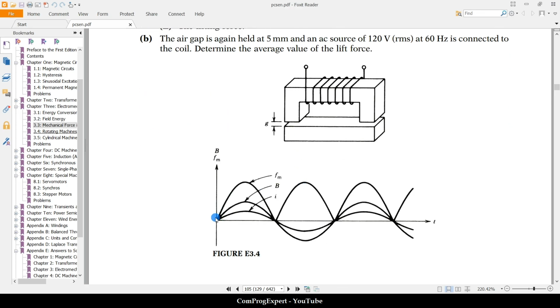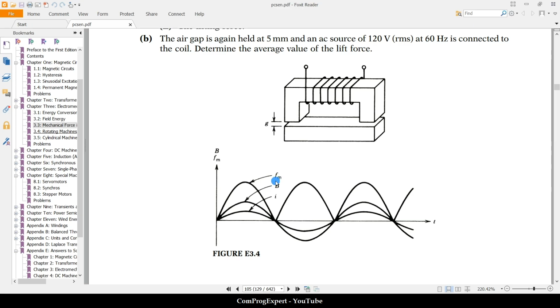So as you can see, when we apply an AC voltage source, this will be the variation of the B in the air gap. This is the current and this is the force. These quantities are in the same phase. Yes, this is also important.